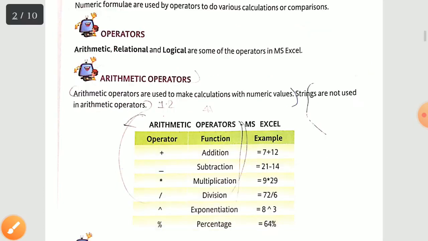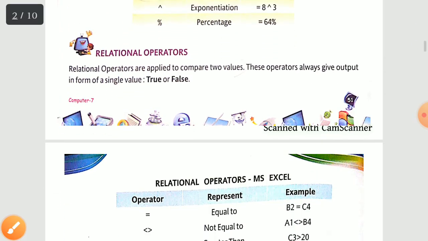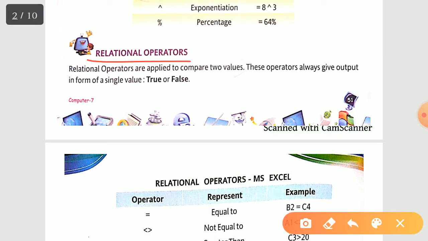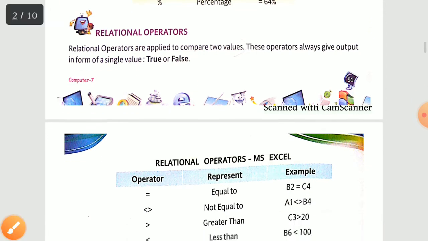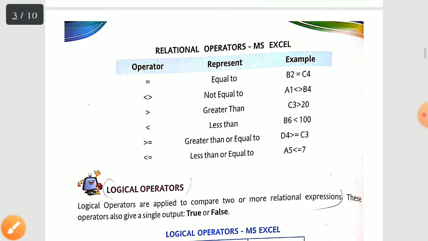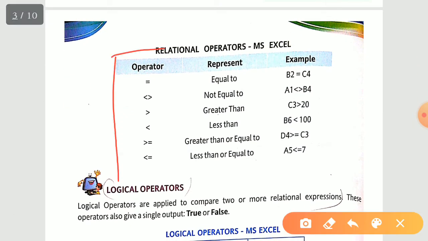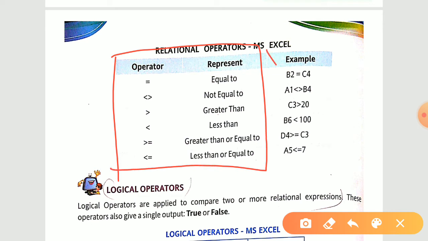Then you have to provide a new heading, that is relational operator. Then you have to write down relational operators are applied to compare two values till true or false. Then turn your page to 52. We are having this table also you have to make again. No need to write down the example, only the operator and represent column is enough. Fine.